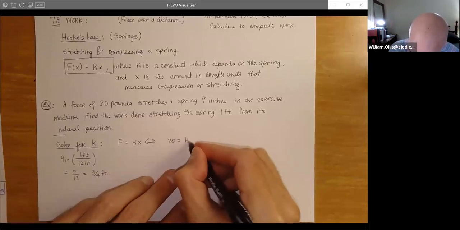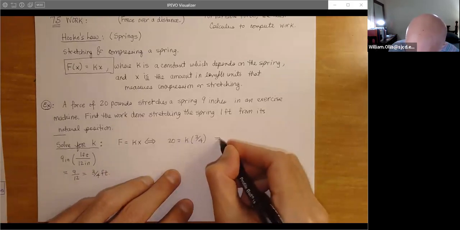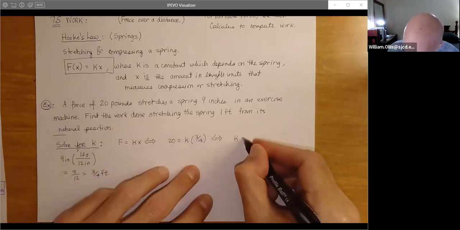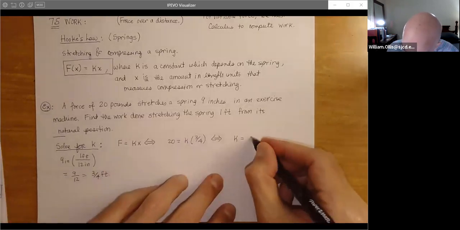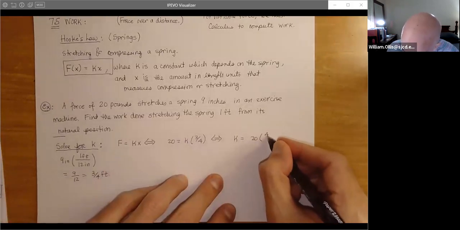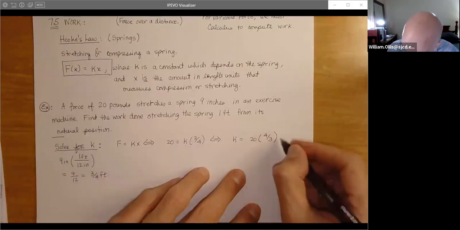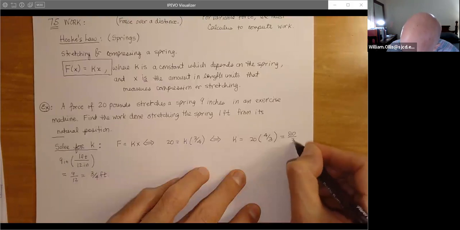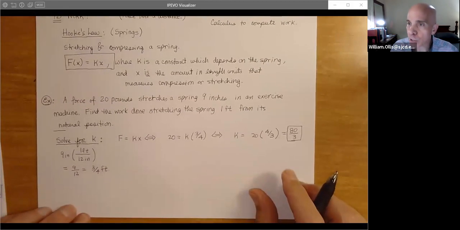So we have K times 3/4. And now we can just cross multiply. So K, in this case, will be 20 times 4/3, or just reciprocate. That's probably the easiest. And that's just 80 over 3. So here's our constant for Hooke's law.